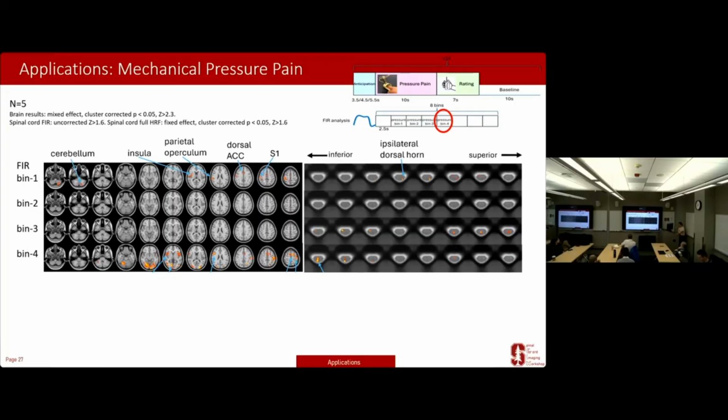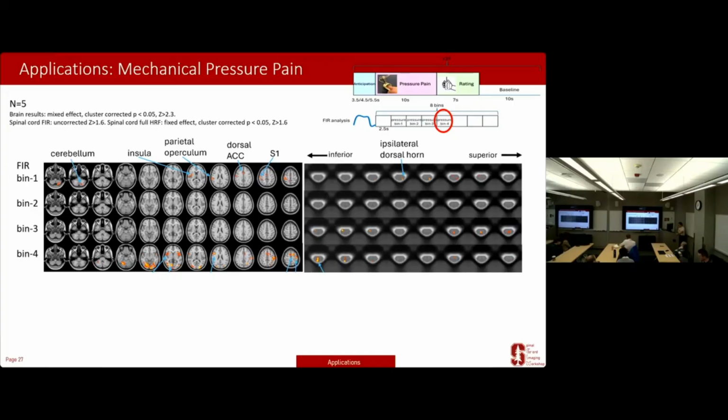This bin may also capture activity from the beginning of the rating, and we indeed see some evidence of rating here, including the left motor cortex, SMA, premotor, visual cortex, and the spinal cord showed right hemicord activation, possibly because people are using the right hand to rate.